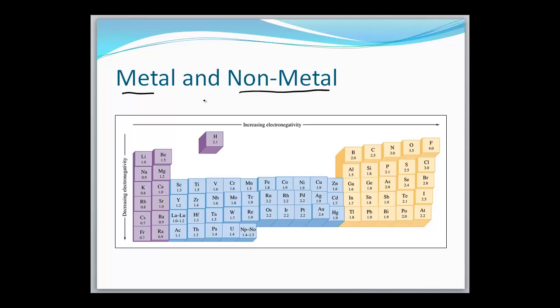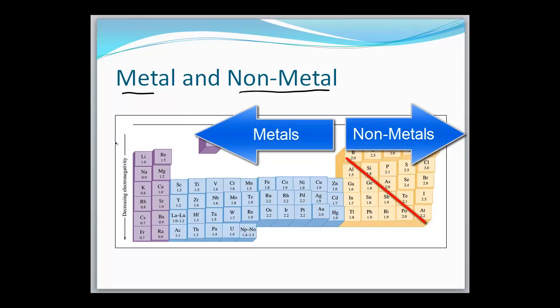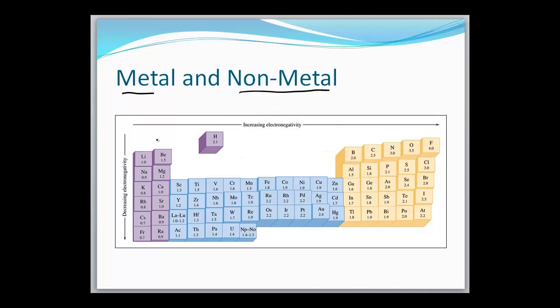If you remember from previous podcasts, things in the first column have one valence electron, so they want to get rid of one electron. Things in the second column want to get rid of two valence electrons, etc. So what we're going to look at primarily here are valence electrons being given up or taken, not necessarily too much the electronegativity stuff. That is important, and it'll be more important when we talk about covalent bonds.